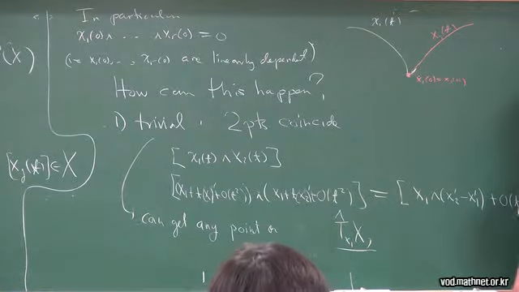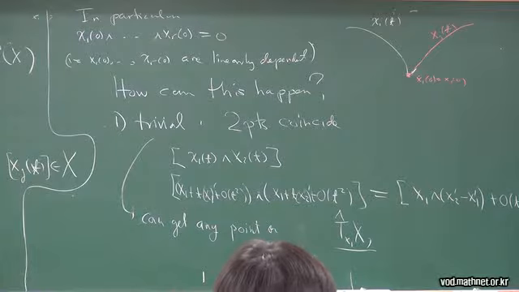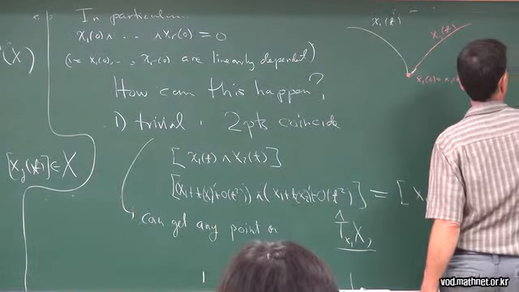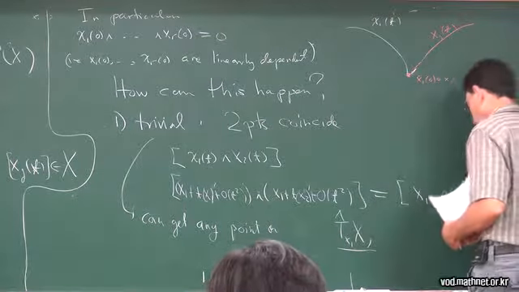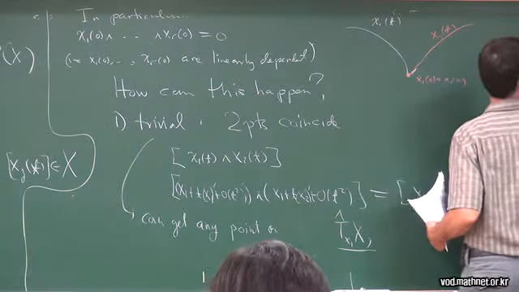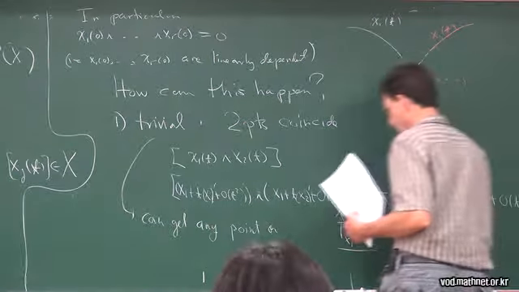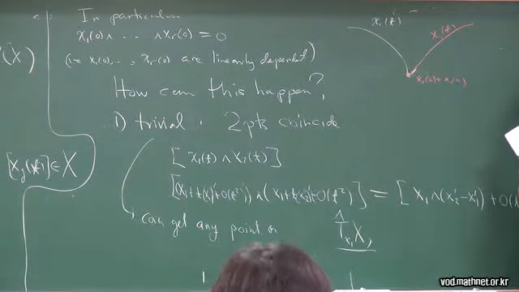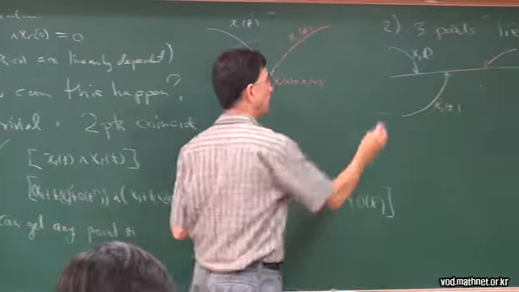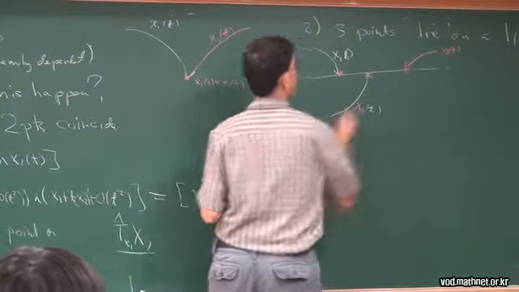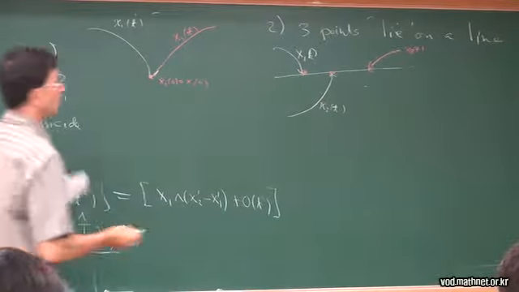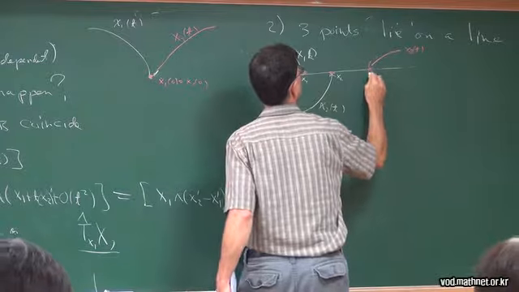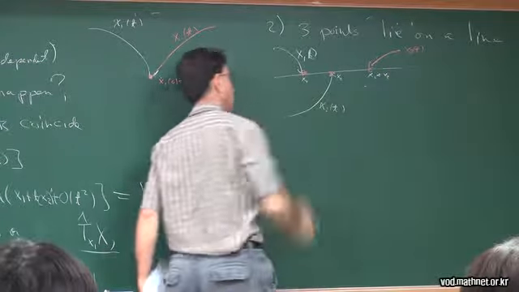That is, 3 points lie on a line. So here we have some line. Here we have x1 of t coming in. Here we have x2 of t coming in. And here we have x3 of t coming in. And in the limit, so this is like x1, this will be x2, and this will be, say, x1 plus x2 after rescaling.